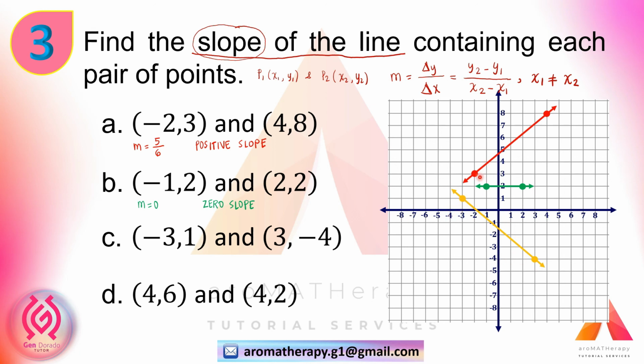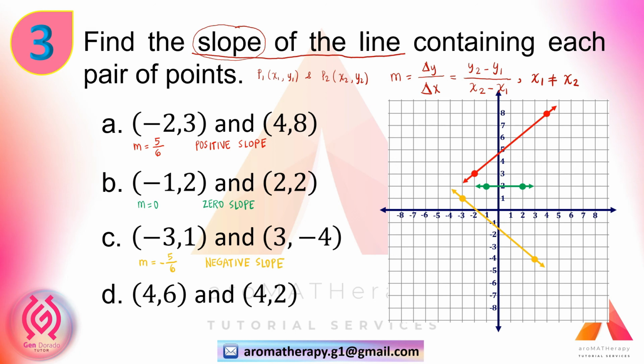Yung isa, yung positive, rises from left to right. Okay, so what is the slope of this line? Letter C. You have m is equal to negative 5 over 6. This is your negative slope.